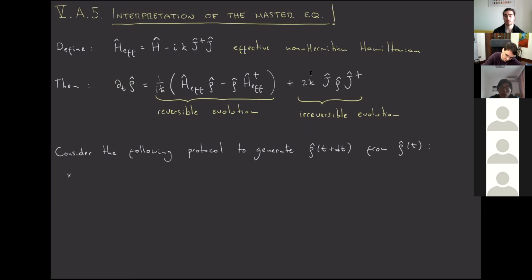So I am an experimentalist, I have my lab, and I decide to do the following protocol. With some probability P of t, and this P of t will have a very specific form. So the probability is 2 kappa dt times the expectation value of J dagger J, of course at time t. We apply what we call a jump.